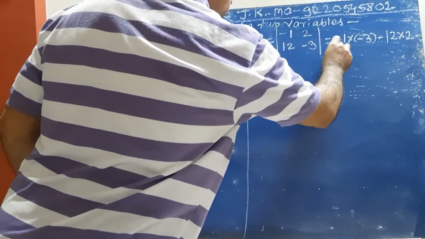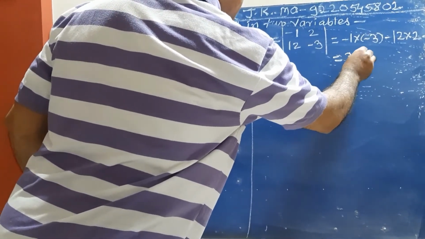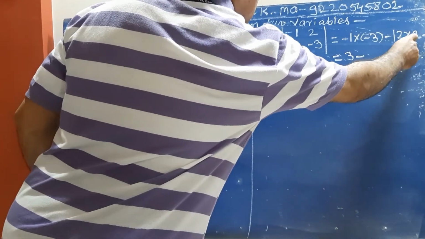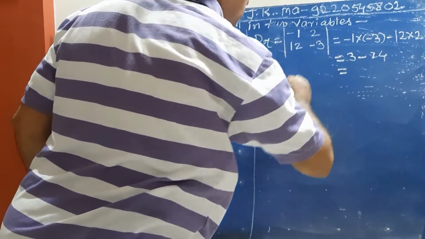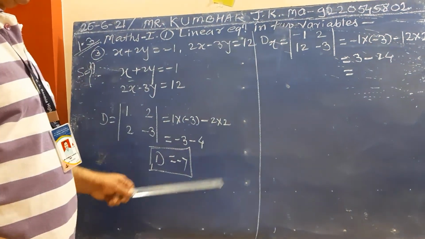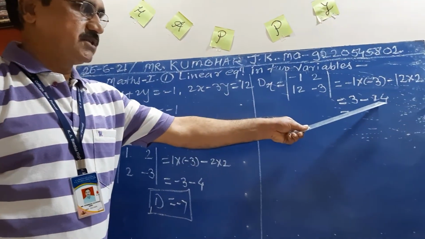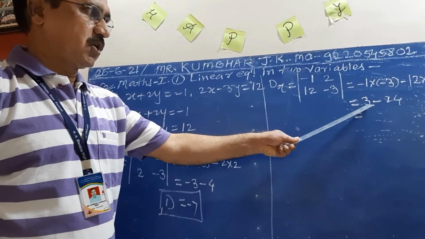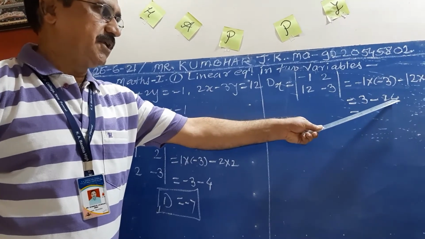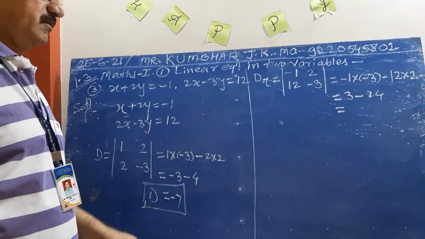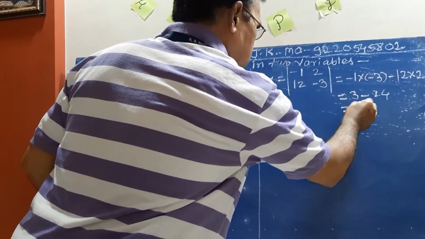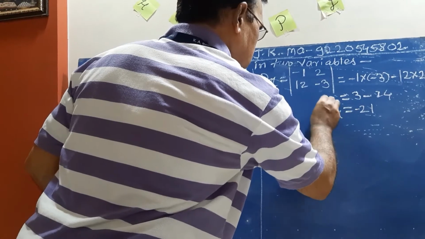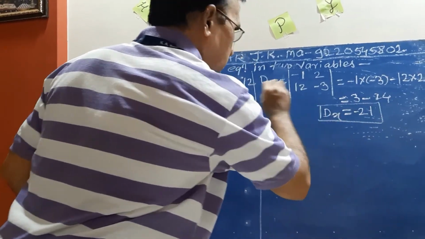Minus minus becomes plus 3, minus 12 twos are 24. Here also plus 3 and minus 24, means subtract the smaller number from the bigger number, 24 minus 3 is 21, and the sign is minus. dx is equal to minus 21.